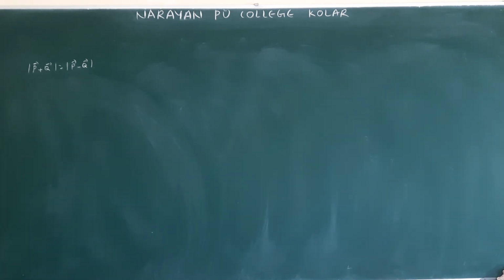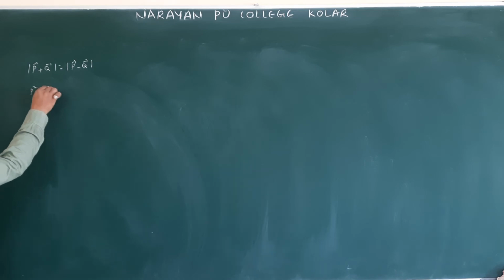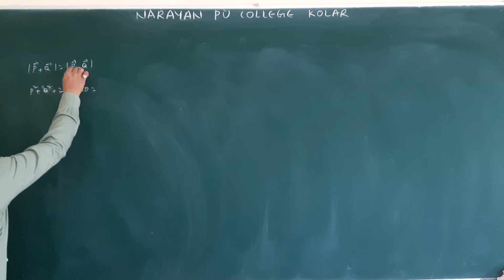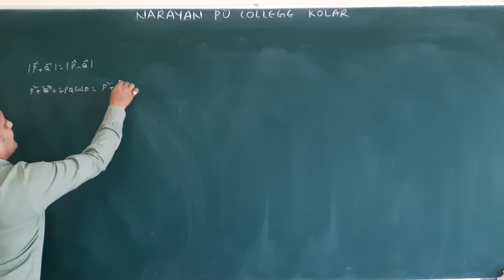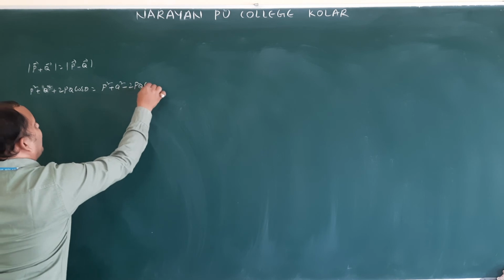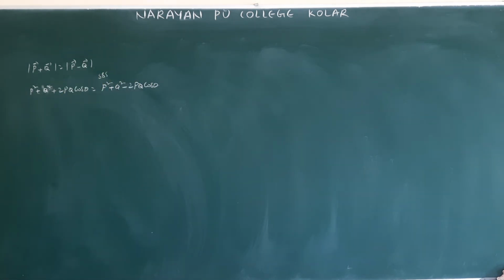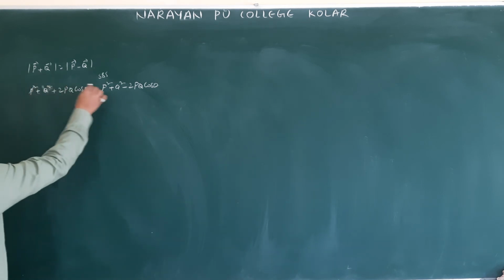Find the angle between p and q. So squaring on both sides: p square plus q square plus 2pq cos theta, equals p square plus q square minus 2pq cos theta. I did squaring on both sides, so then p square will be cancelled.